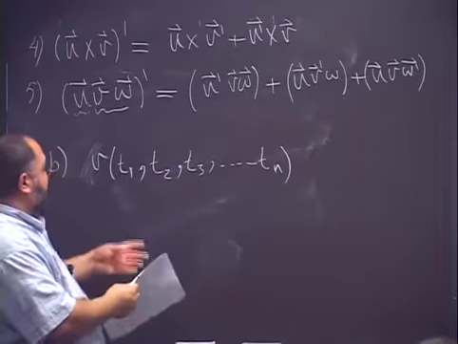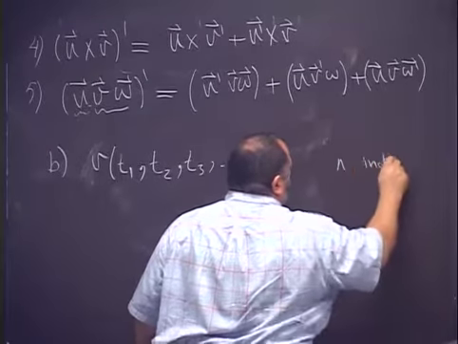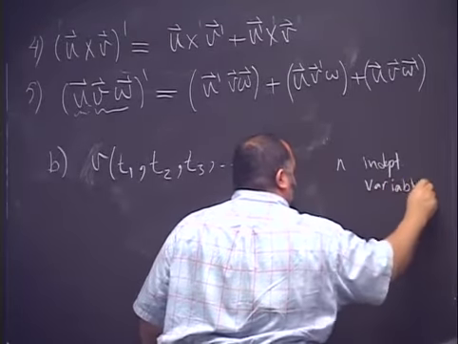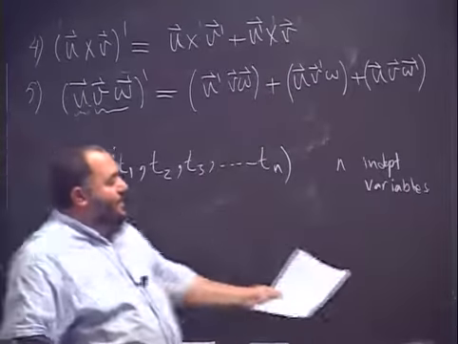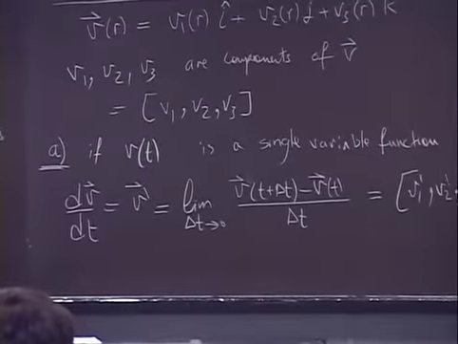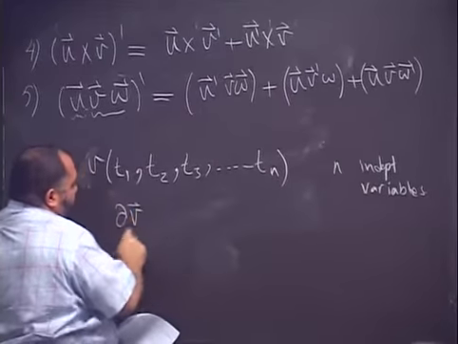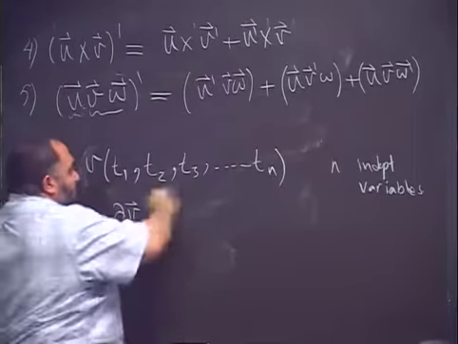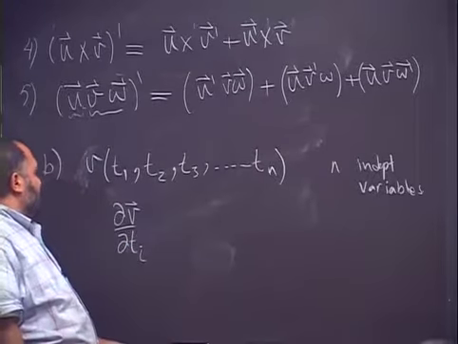So those are the n independent variables. In this case, we will replace the total derivative by what? By a partial derivative. So this will give me dv by dt, but in this case, I will pick one of those ti's. Let's say I want the derivative of v with respect to t3.